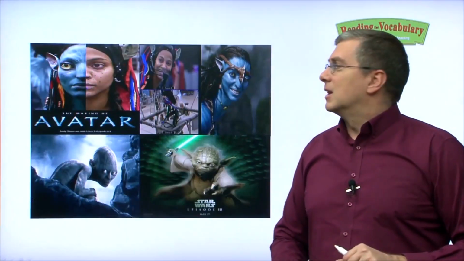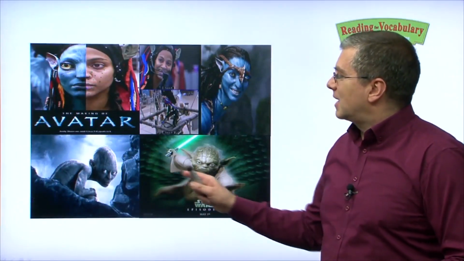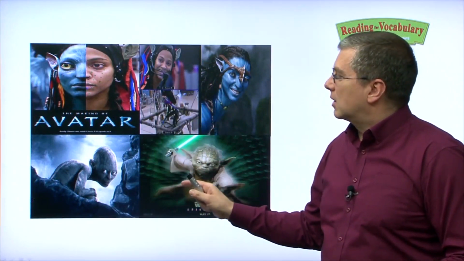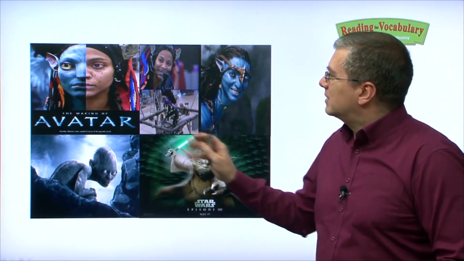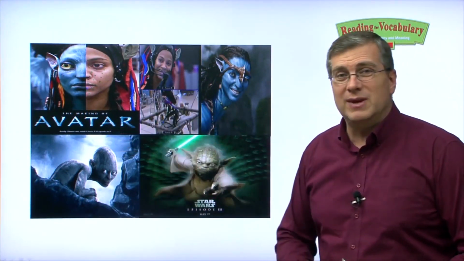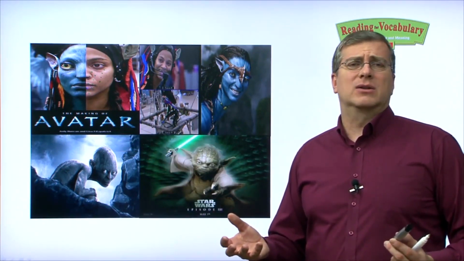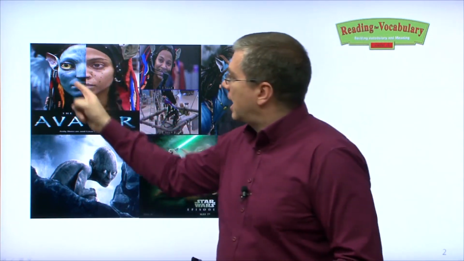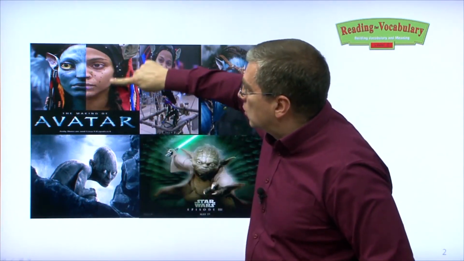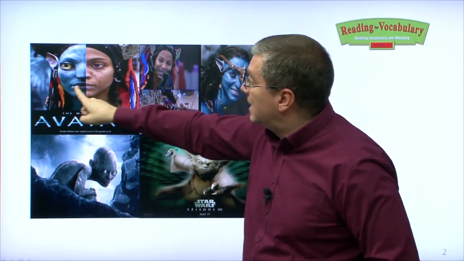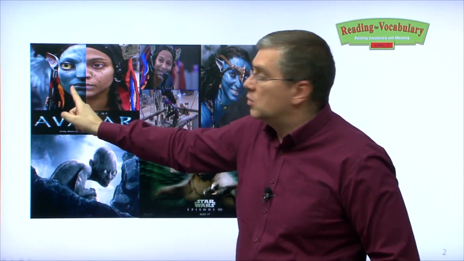But first, let's talk about this type of movie character that we have here. Now, this is kind of interesting. Did you see this movie, Avatar? Did you ever wonder how they made the characters in the movie? Well, this picture kind of tells you. This is the real actor who played this character in the movie Avatar.